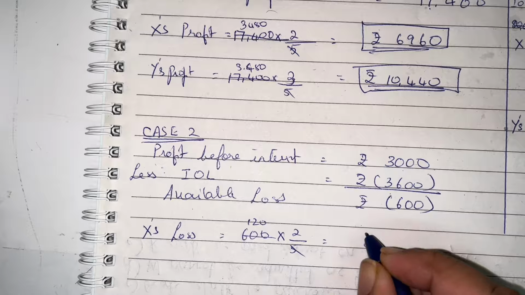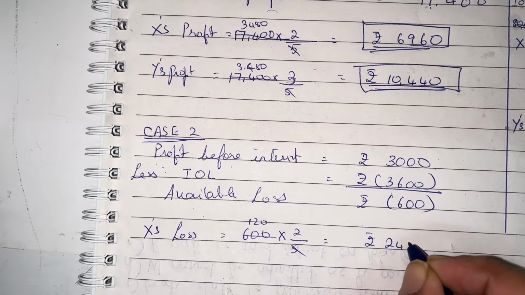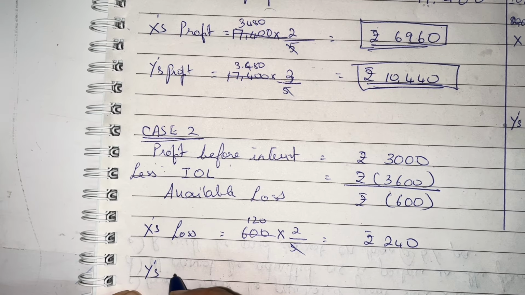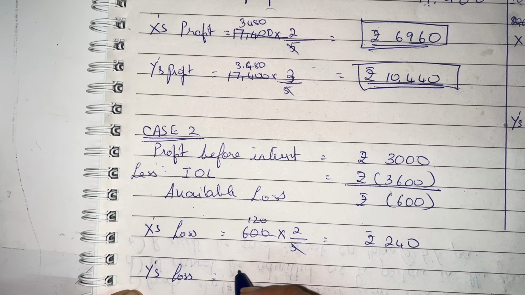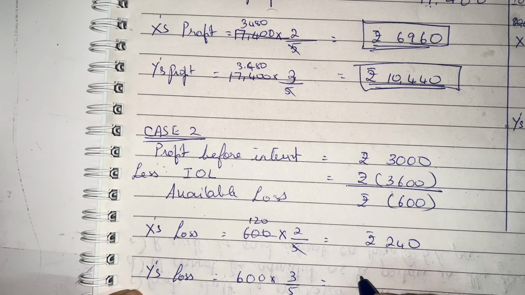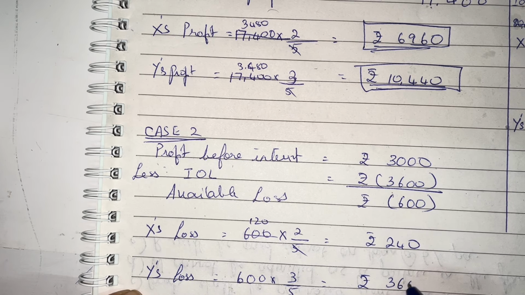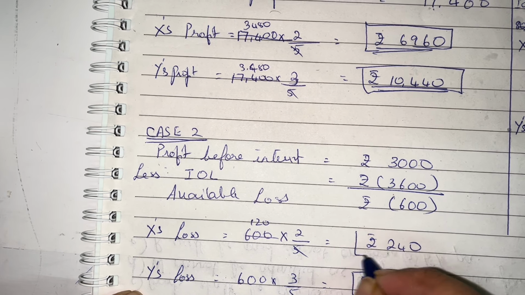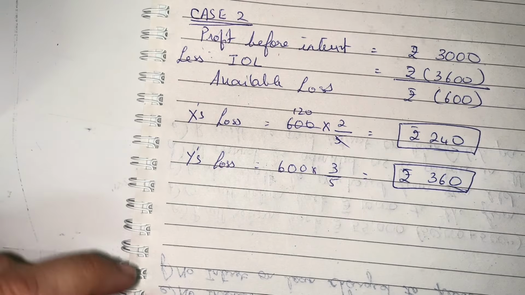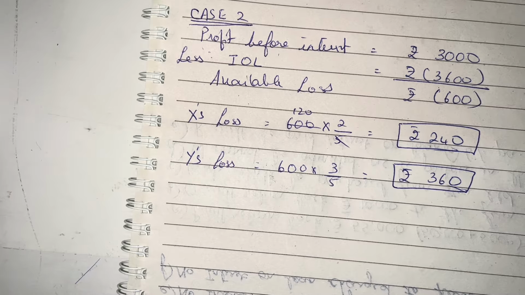That would be rupees 240, and Y's share of loss would be again 600 into 3 by 5, which is rupees 360. Okay, now we'll go to case 3.